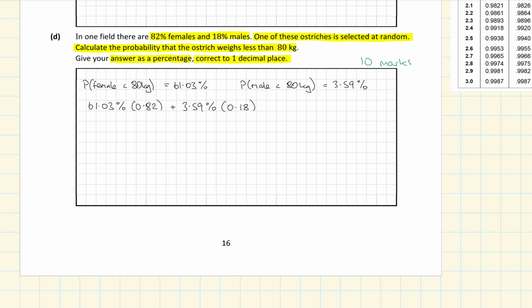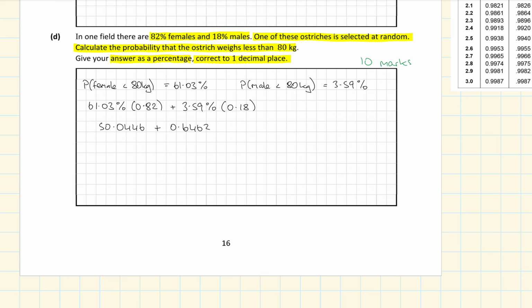Okay, into your calculator. 61.03 multiplied by 0.82 will give us 50.0446, and we have 3.59 times 0.18 will give me 0.6462.